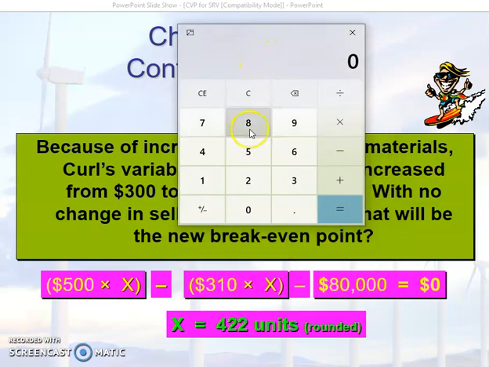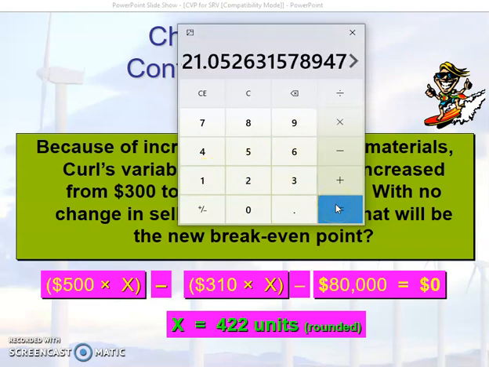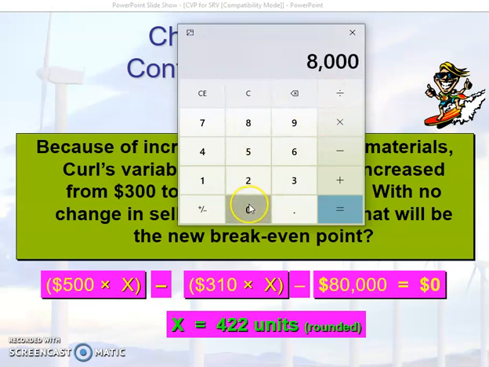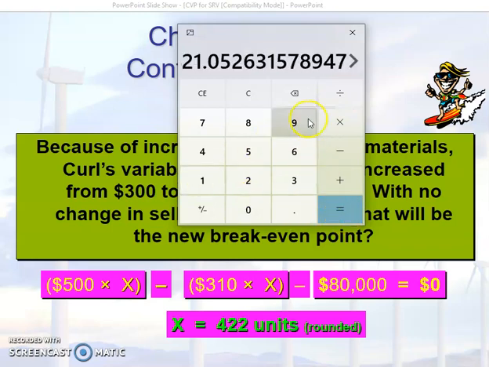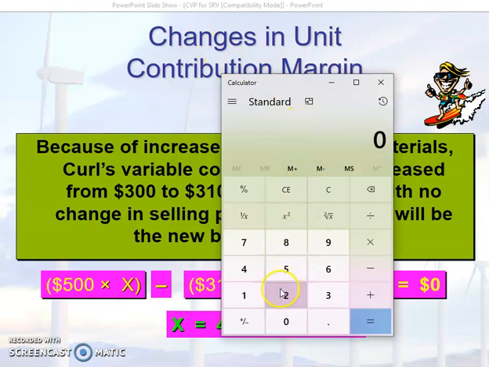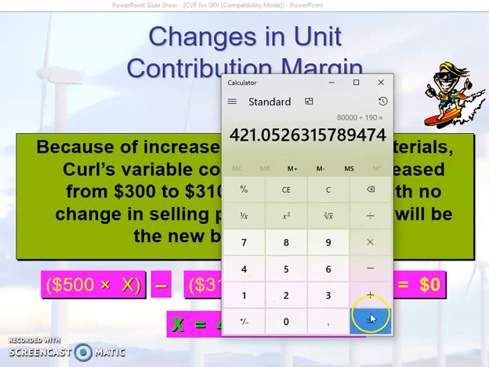We had $80,000 in fixed cost divided by a unit contribution margin of $190. Divided by 190 equals 421.05.